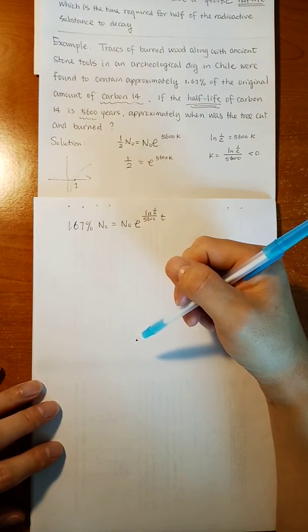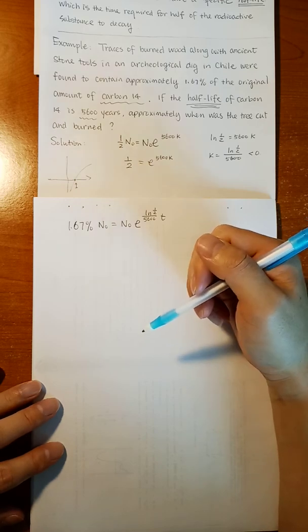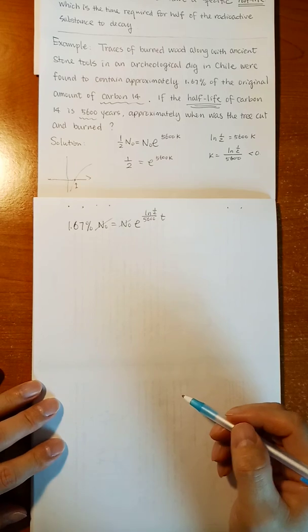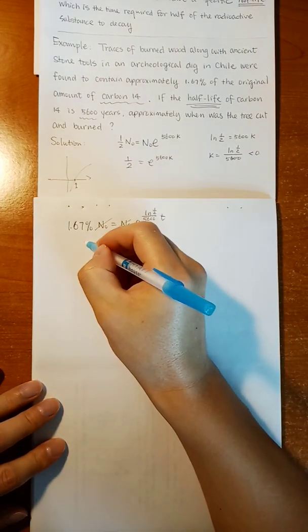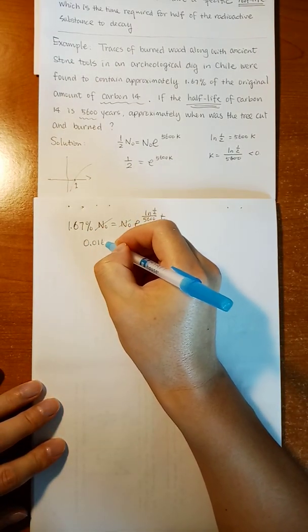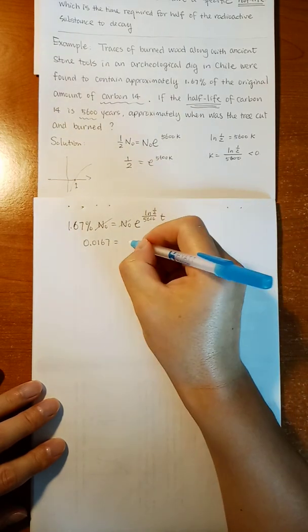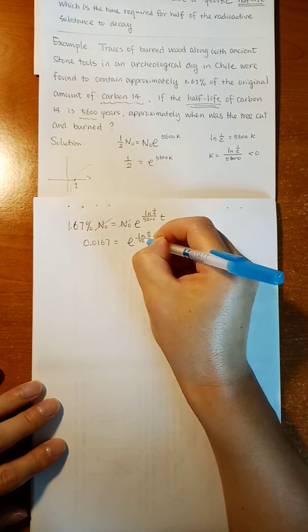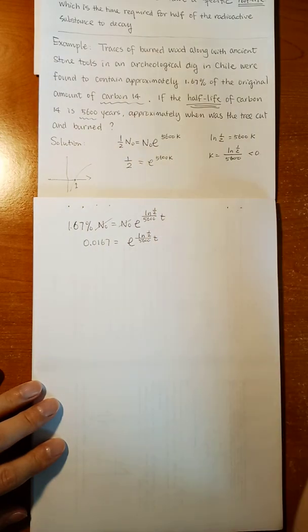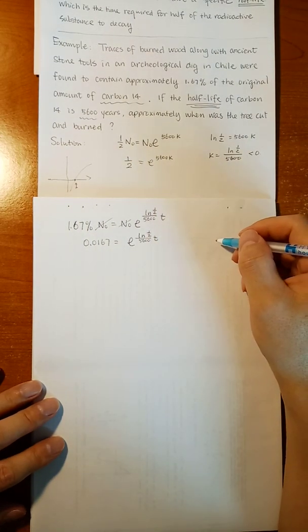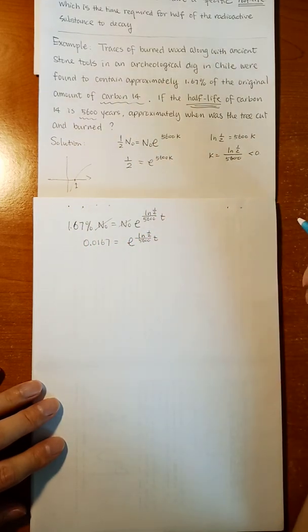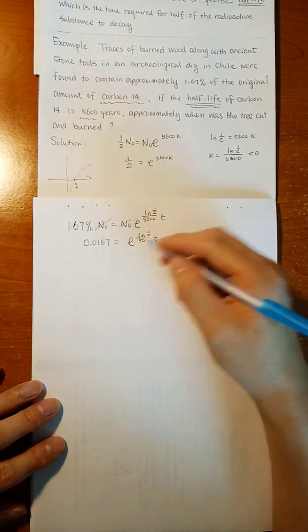Right? Okay, same process. We cancel this initial value. You get 0.0167 equals e to the natural log 1/2 over 5600 times T. In our problem, we have this number. We're looking for the corresponding time. And we take the natural log for two sides.